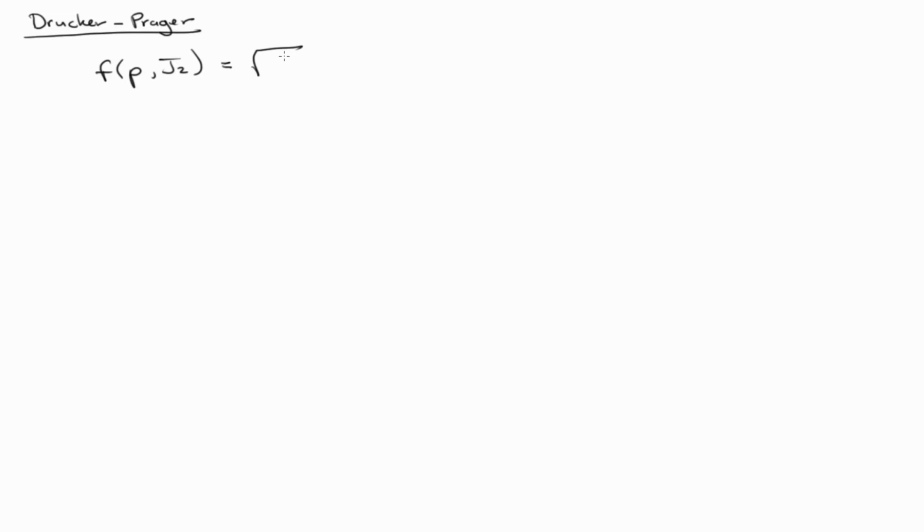And so we'd have the square root of 3J2, that term would be the same, minus a beta, which is a coefficient, times pressure, minus y. And again, y could be a function of equivalent plastic strain rate, temperature, many other things. Okay, and that's equal to 0. So that's our yield functional.